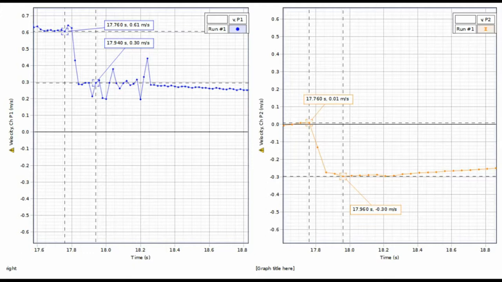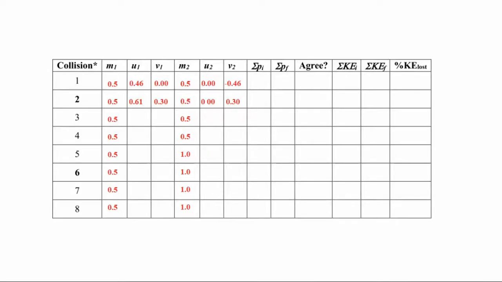Whereas over here on the right, the initial velocity wasn't 0, it was 0.01, so some slight movement there, and then the second one is plus 0.30 meters per second. We've got to change that to positive. So again, we can record that now in the table for the data.